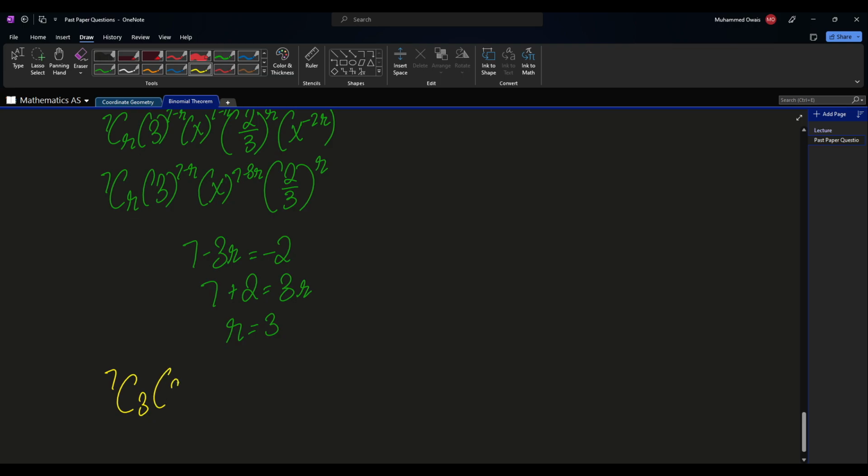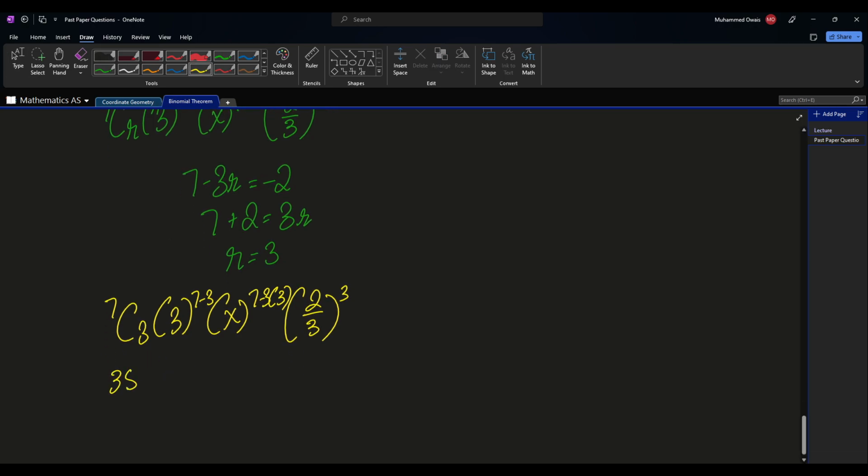7c3 into 3, 7 minus 3 into x, 7 minus 3 into 3, and this becomes 2 over 3 power of 3. So 7c3, what is 7c3? 7c3 is 35, and this becomes 3 power 7 minus 3 is 4, and this is x 7 minus 9.